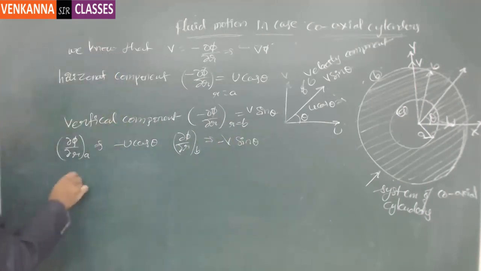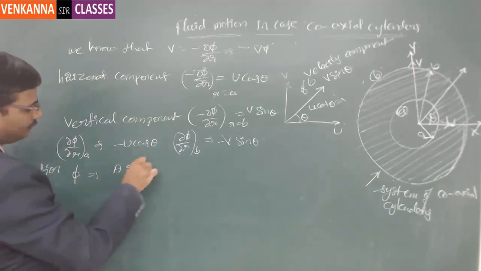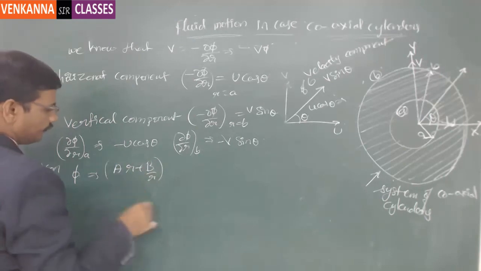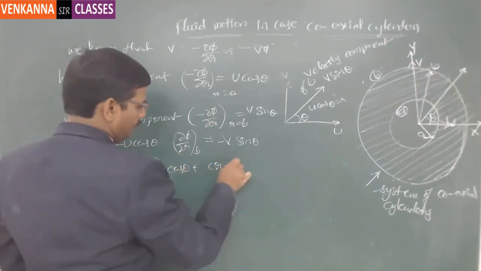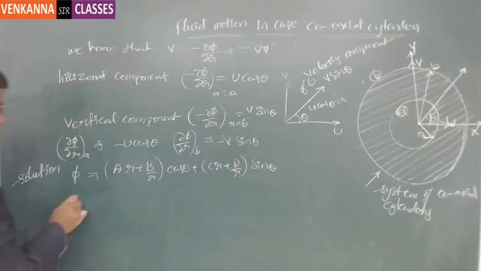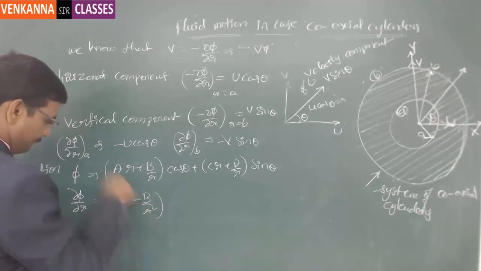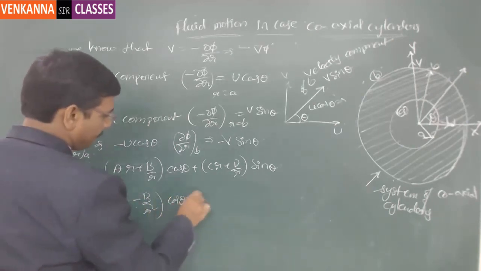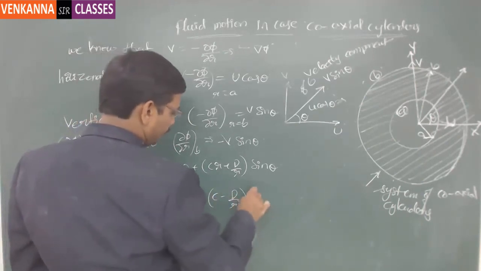Now we know that the solution of the Laplace equation is (Ar + B/r) cos θ + (Cr + D/r) sin θ. Now ∂φ/∂r, if you calculate it, is (A − B/r²) cos θ + (C − D/r²) sin θ.